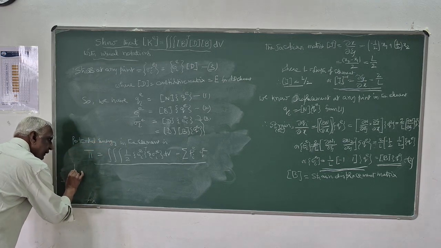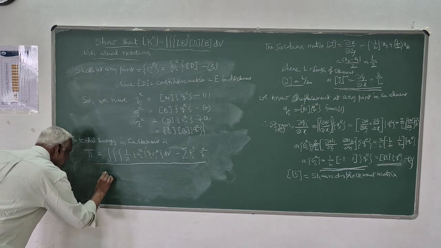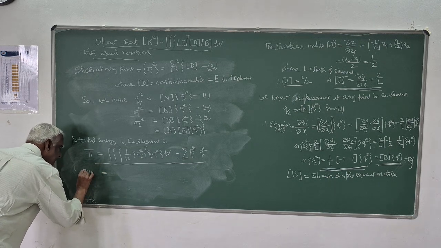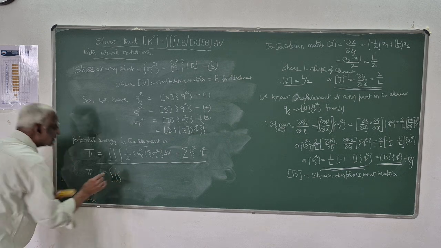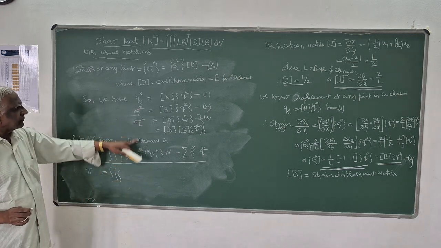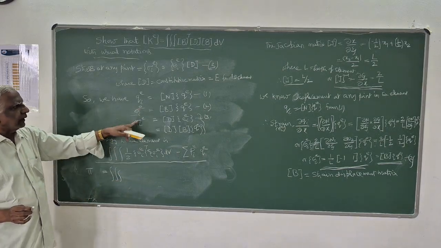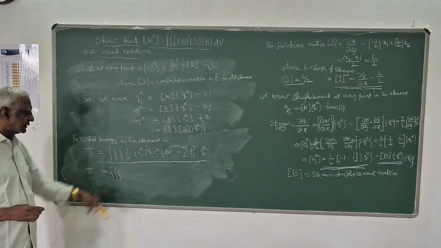So then you substitute, therefore phi is equal to, I will substitute the value of epsilon and sigma from this relationship.